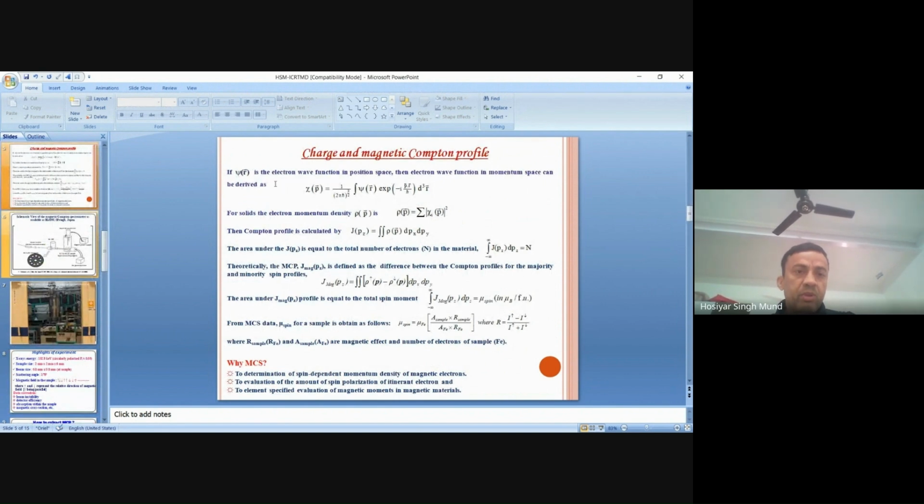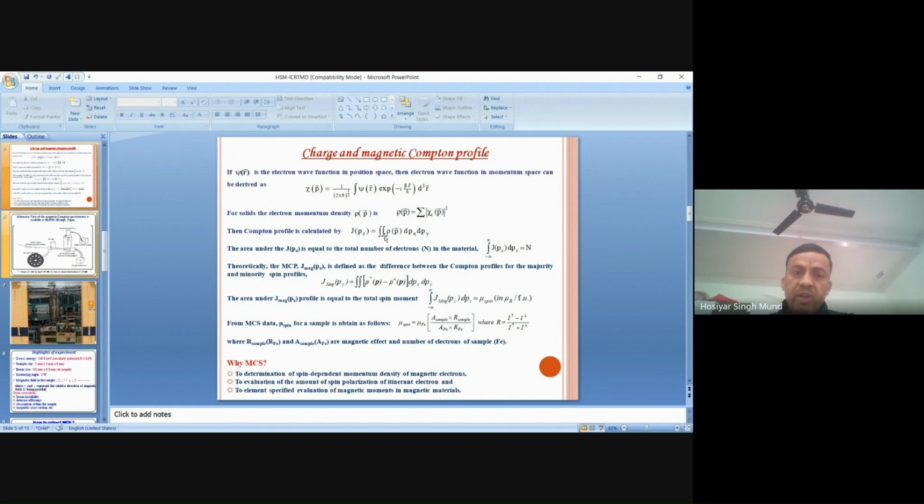If we have a wave function psi of r in position space, we can calculate the momentum space wave function given by this equation, and using it, we can calculate the electron momentum density. This is the formula for the electron momentum density, and using it, we can calculate the Compton profile by double integration of this electron momentum density.